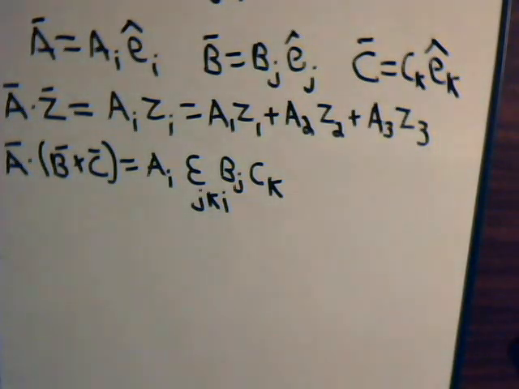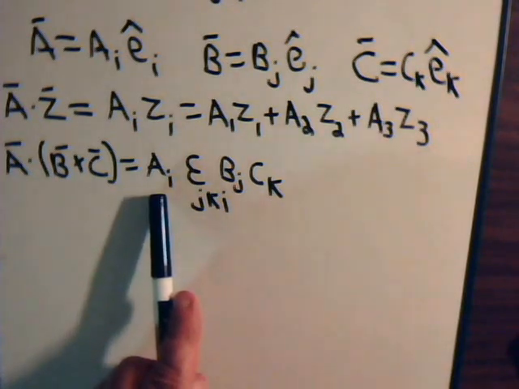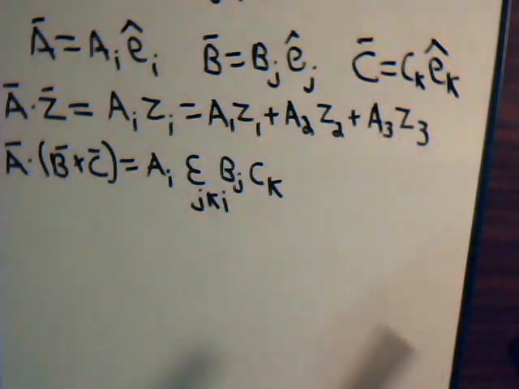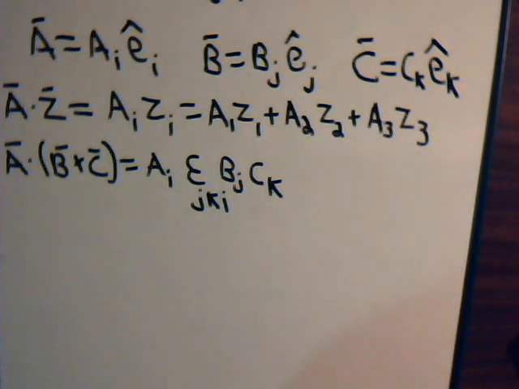Okay, now what are we doing here? We have 3 different sets of scalars, A, B, and C. We have repeated indexes, so we're just multiplying and adding them. The order in which you multiply and add scalars is irrelevant.